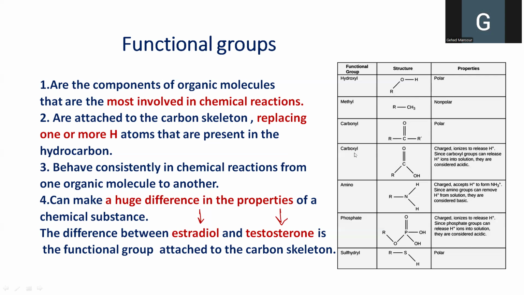The carboxylic group, we said before that it might lose a proton and become negatively charged, so it is hydrophilic and charged. The amino group, we also said that the amino group can be charged and therefore make this side of the amino acid hydrophilic. The phosphate group, we said before in phospholipids that it is charged, that it releases a hydrogen ion and becomes negatively charged. And finally, the sulfhydryl group is polar because of the difference in electronegativity between sulfur and hydrogen.